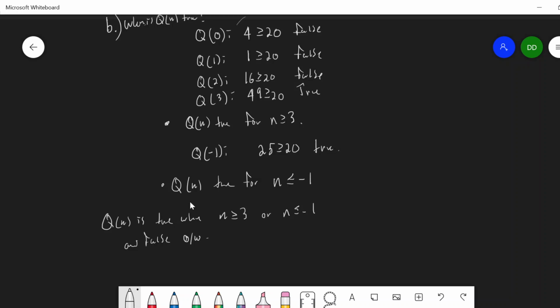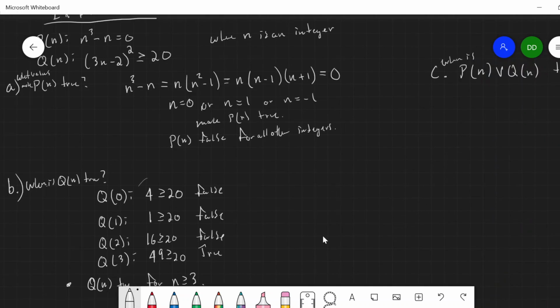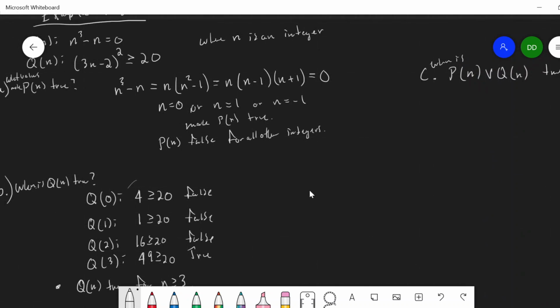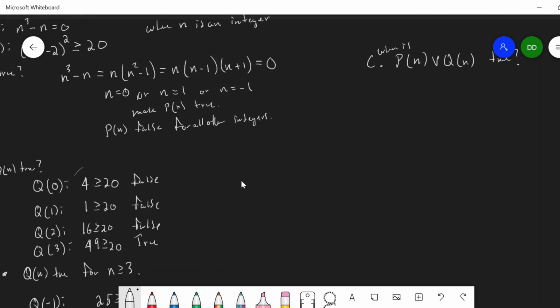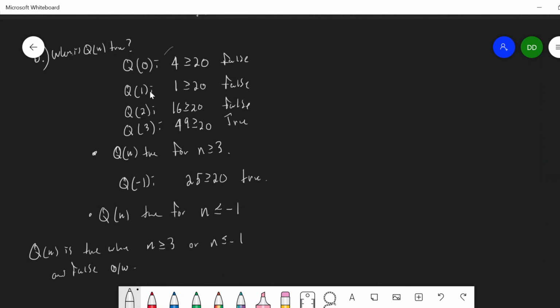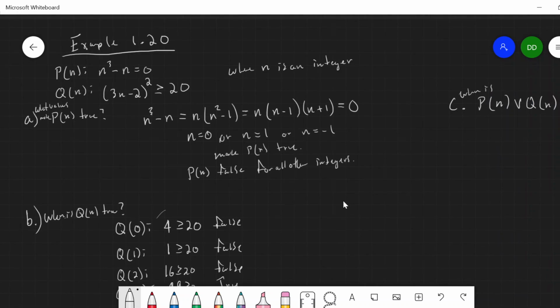The only things where Q of n is false would be 0, 1, and 2. Notice P of n is true, though, when n is 0 or 1. So it seems like the only thing that would make this false is if n is equal to 2. Notice Q of 2 was false, and P of 2 was false.